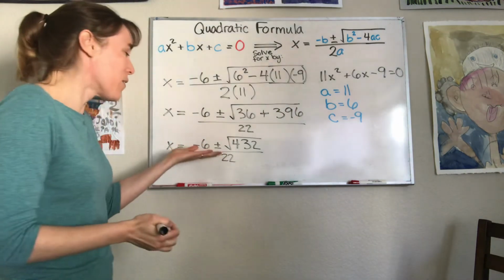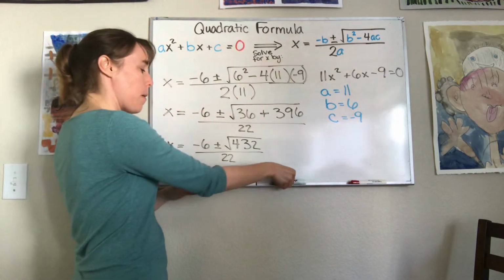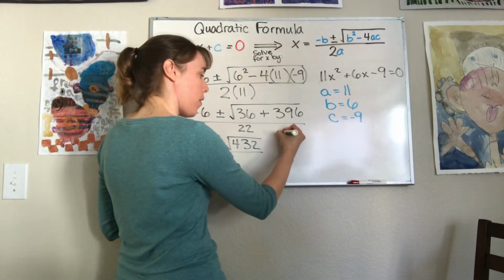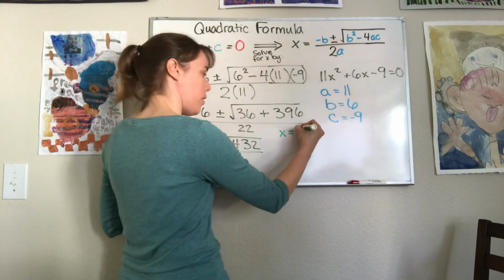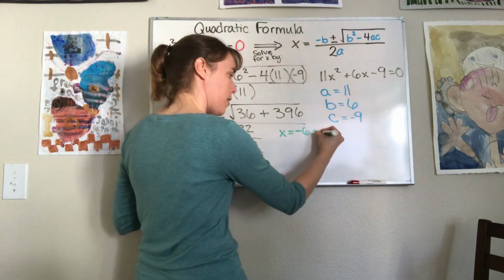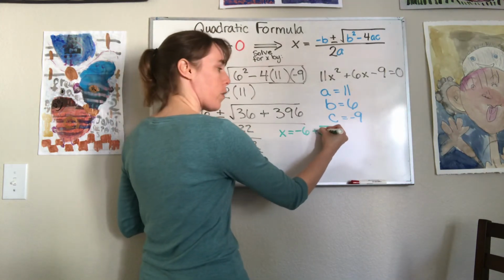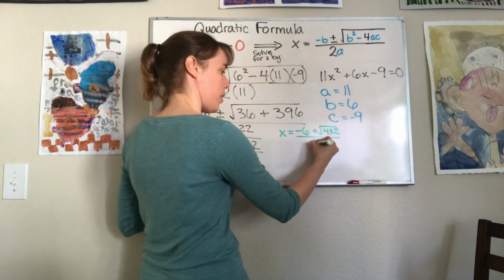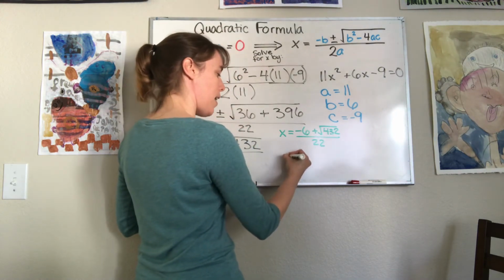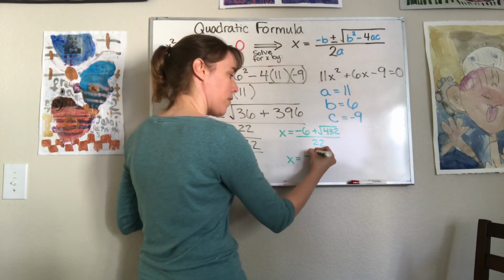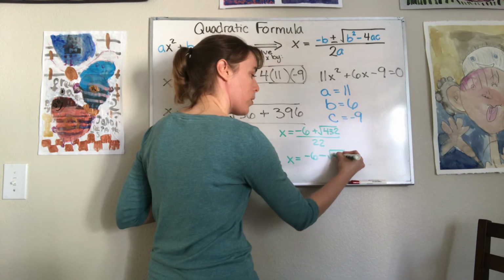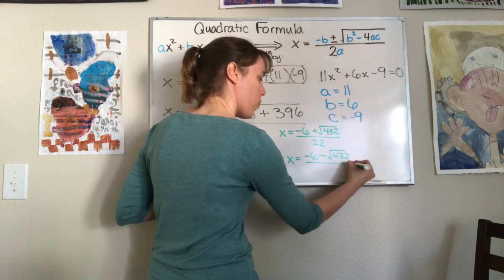So I have no idea where to plot this on the graph, but I could say that my two answers to this problem are x equals negative 6 plus the square root of 432 all over 22, and x equals negative 6 minus the square root of 432 all over 22.